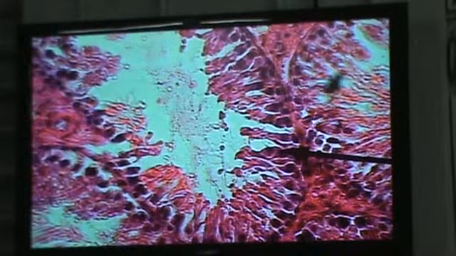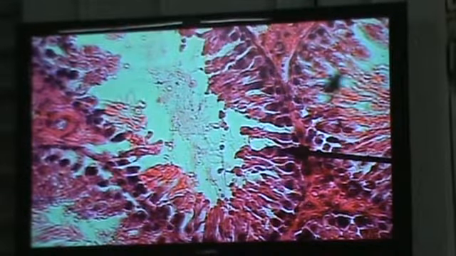I was doing some work on some drugs that were affecting spermatogenesis. I think this might have been one of the research slides that was left back, because in this slide there are very few germ cells. What you're seeing right here are just a clump of Sertoli cells. These are the dark cells.